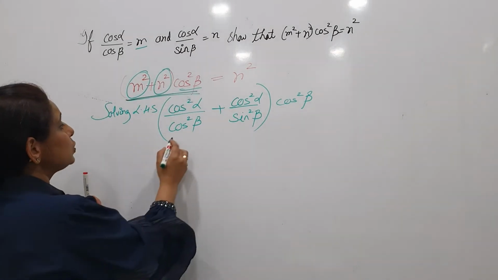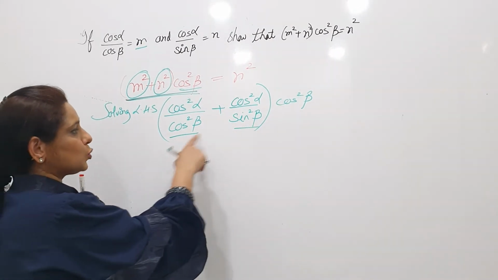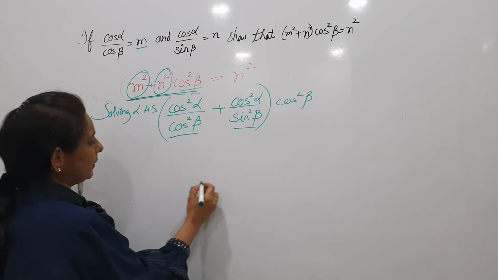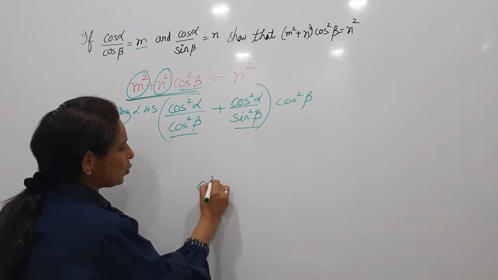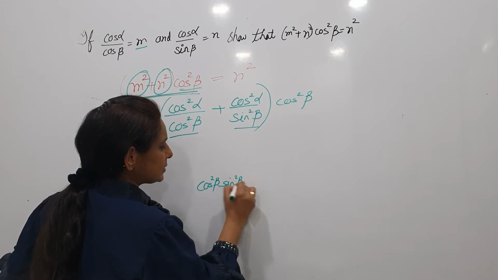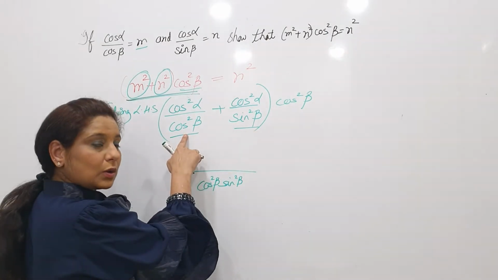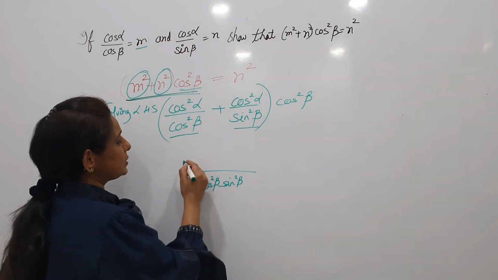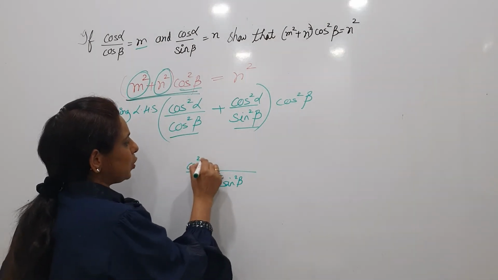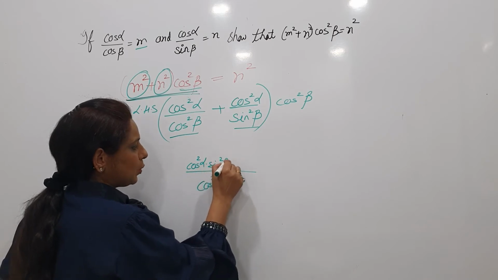So what we'll do? We'll take the LCM of cos square beta and sin square beta. So what is the LCM of cos square beta and sin square beta? Cos square beta into sin square beta. Cos square beta into sin square beta divided by cos square beta will give you sin square beta. So you get cos square alpha multiplied by sin square beta.